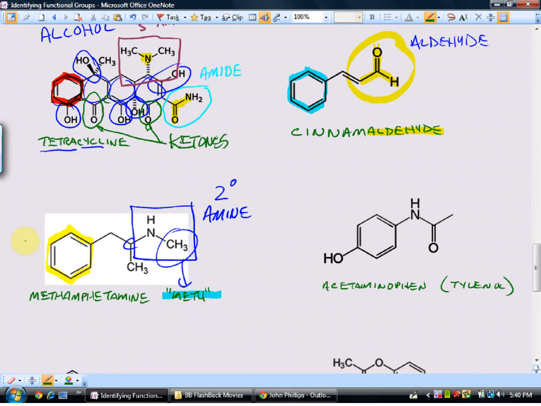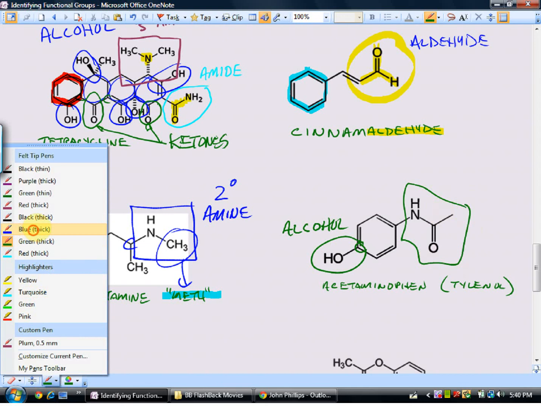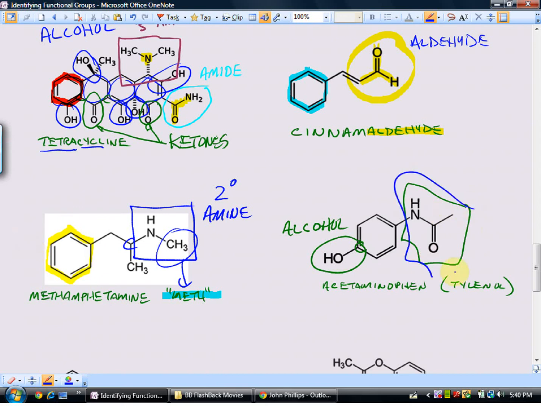If I'm giving you a headache, we could take some acetaminophen. Here's the structure of acetaminophen. This is the active ingredient in Tylenol. What functional groups do we see here? I hope everybody identifies that as alcohol, COH. I hope everybody has identified that as amide.